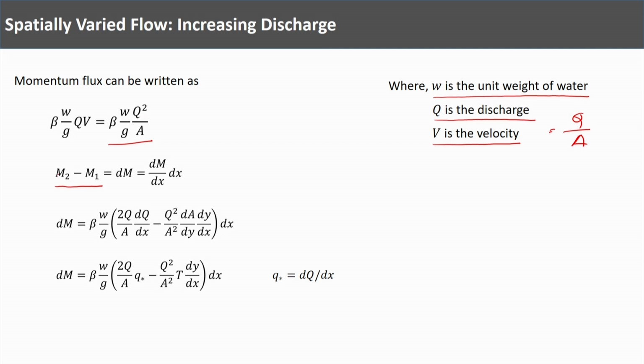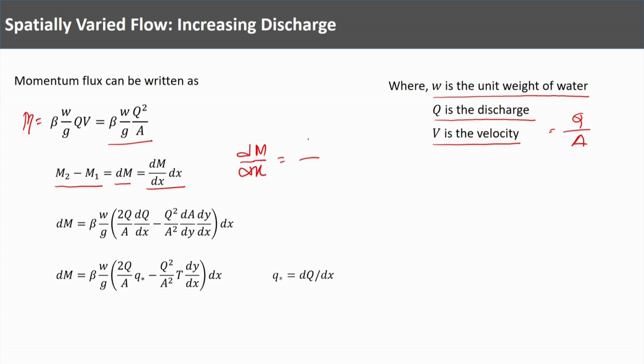Now, as I said, M2 minus M1 is equal to dM, and I can also write dM by dx into dx. So, now if I take the derivative of this momentum, momentum is M equal to beta w by g Q square by A. So basically I would like to calculate what is dM by dx.